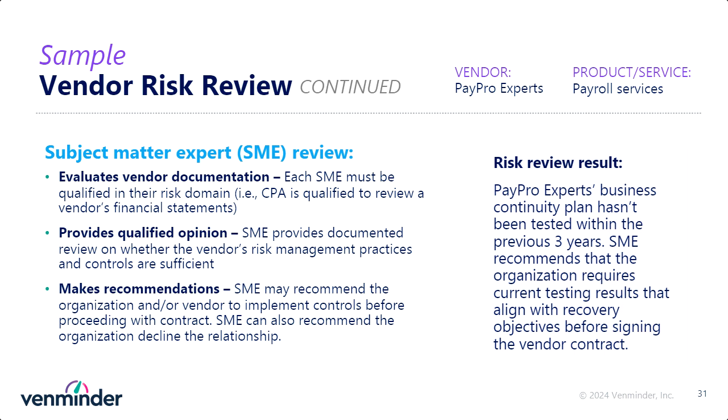And the next task is for that expert to provide a documented opinion on whether the vendor's risk management practices and controls are sufficient. For example, that information security expert might review the vendor's penetration testing results and discover that the vendor hasn't addressed an issue that was found during testing.